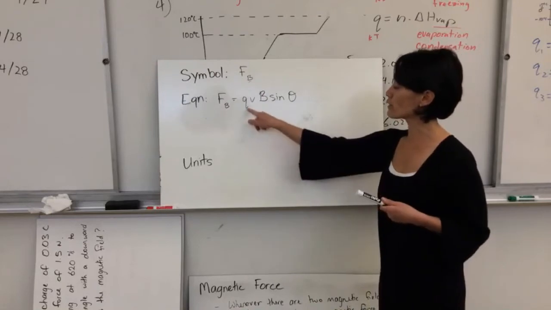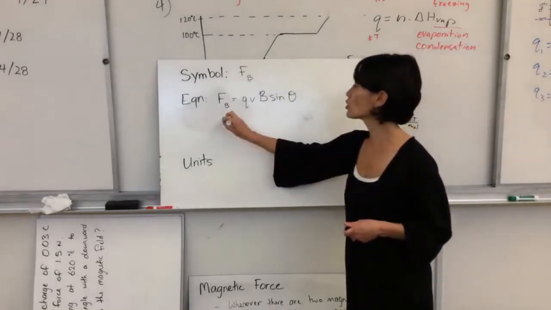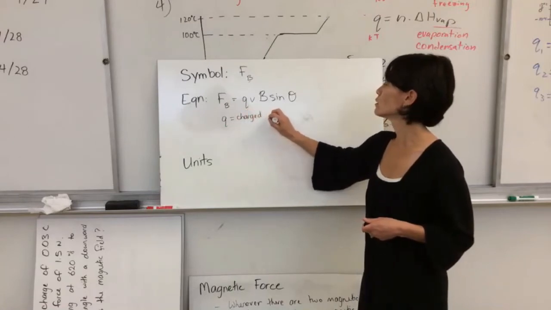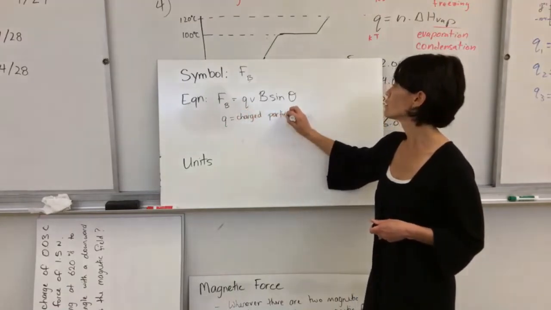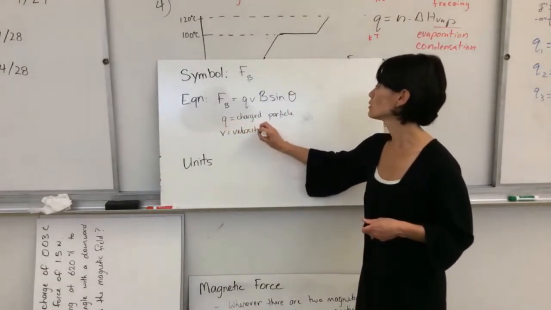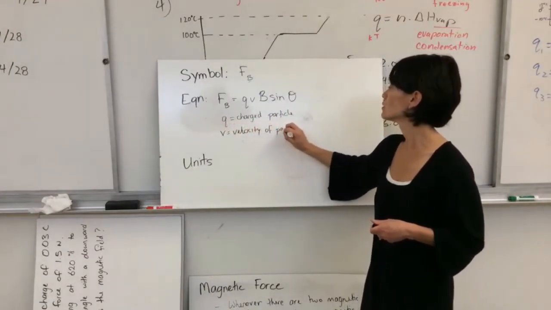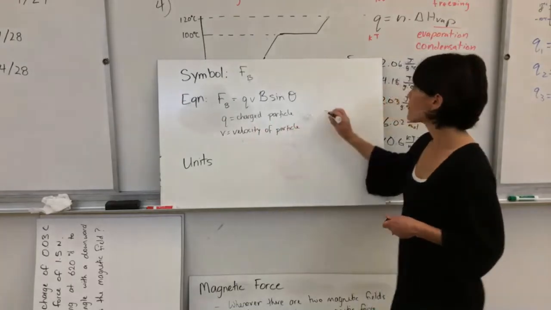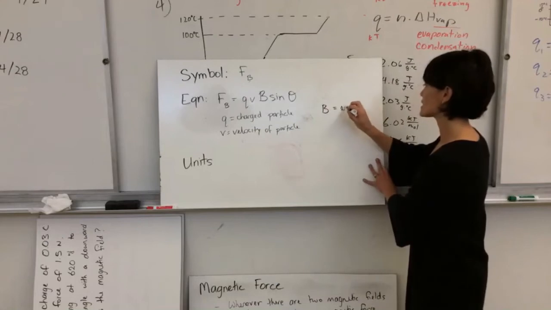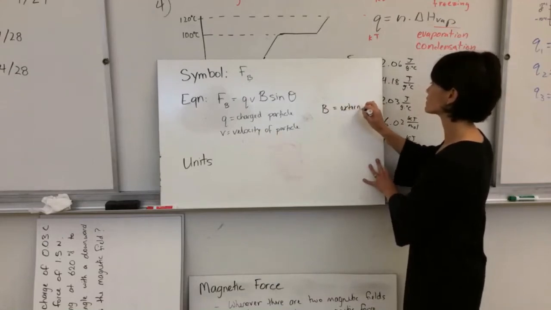So let's identify what these different quantities are. Q is the charge of the particle. V is the velocity of the particle. B is the external magnetic field, and that's key, it's the external magnetic field.